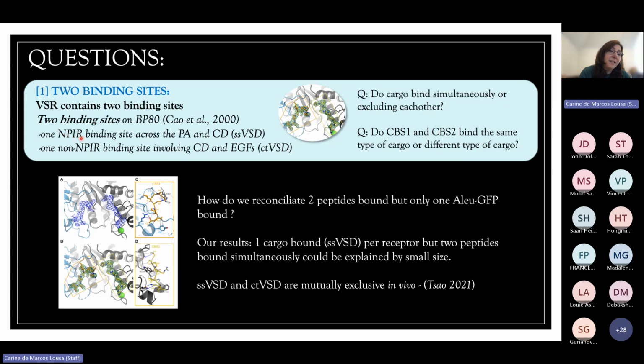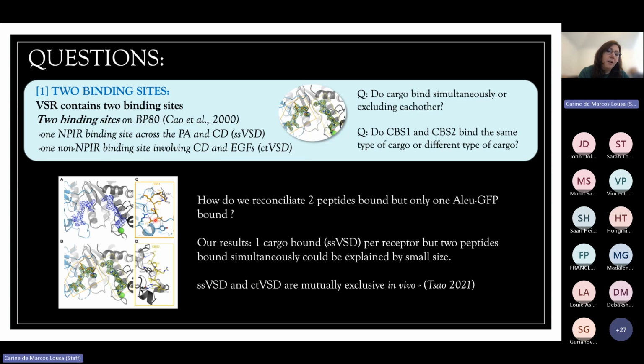One that is binding the NPIR, so the SS-VSDs across the PA and the CD domain, and one that is a non-NPIR binding site for the C-terminal VSDs involving the CD and the EGF domain. So the fact that there are 2 binding sites on the receptors was known, but in vivo, these binding sites are mutually exclusive. So you can only bind either one or the other type.